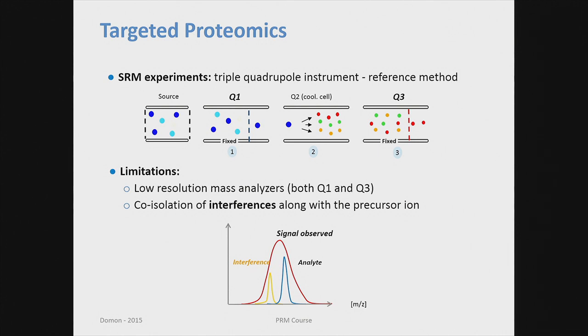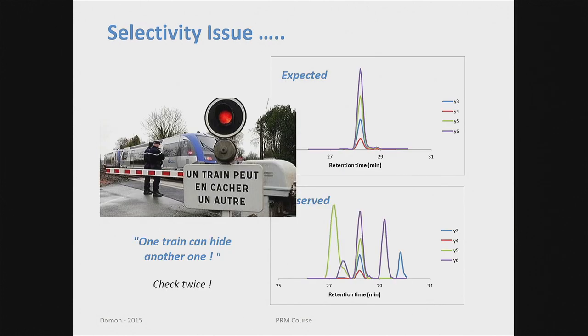What the signal is, and I'll show you an example of that in a second, is the blue one that you want to measure, but there are other near isobaric species coeluting and they merge together. Then what you measure in terms of the curve is not exactly what you have in your sample, but is more because you have interferences.